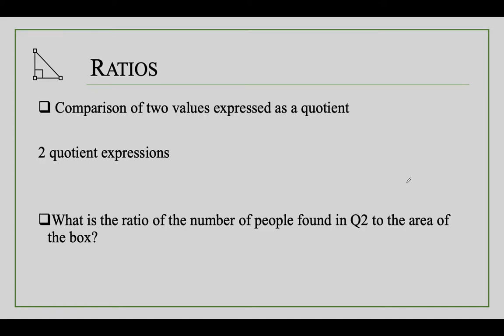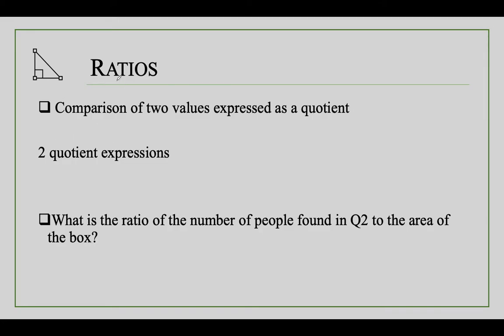Okay, so now we're going to try to figure out the ratio of the number of people to the area of the box, which should be an answer we already know, but we're just going to look at it so that we truly understand.